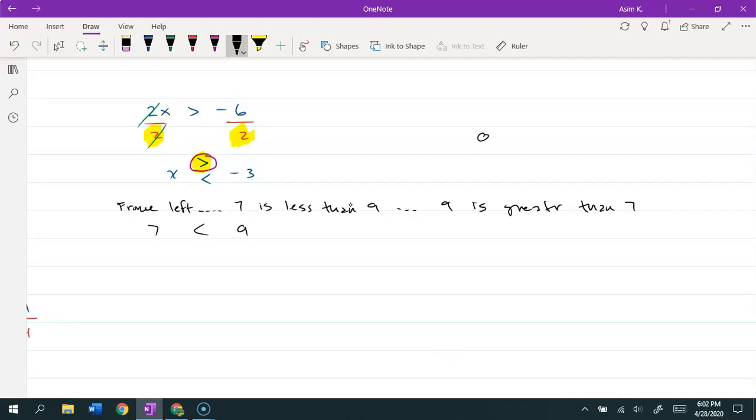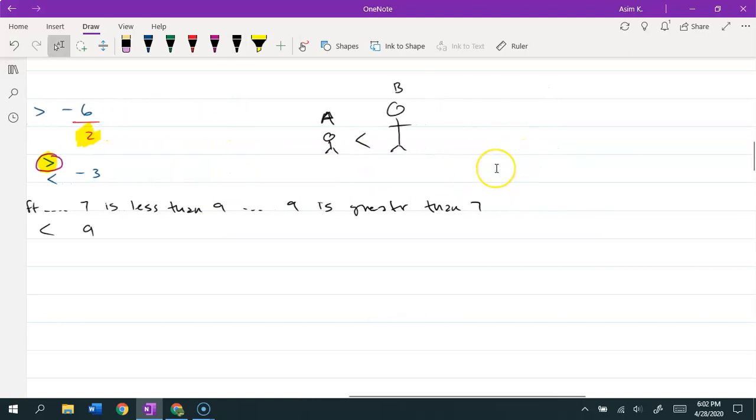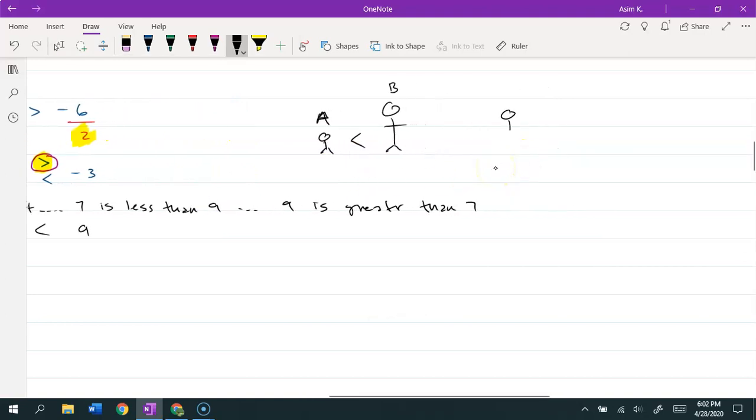For instance, if you have person A and person B, I'm sorry about my drawing, but you guys remember I'm not that great at drawing. You could say that person A is shorter than person B, or you could say that person B is taller than person A. But in math, when you want to represent that, you would need to write it like this over here so that you can communicate the same thing.